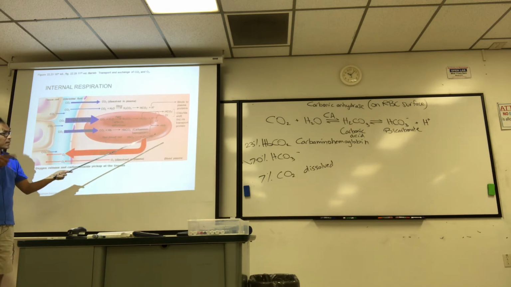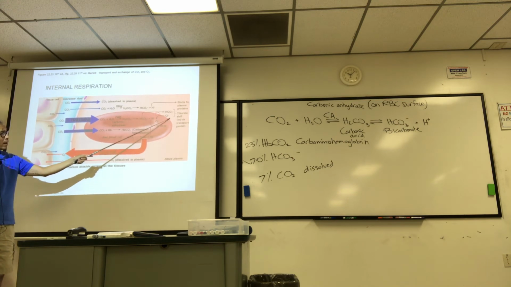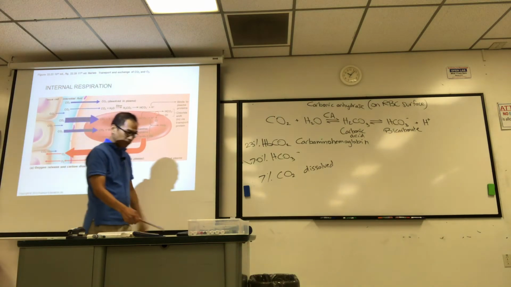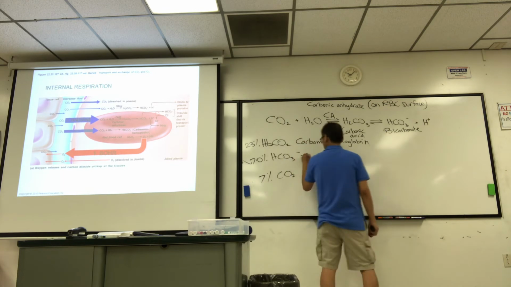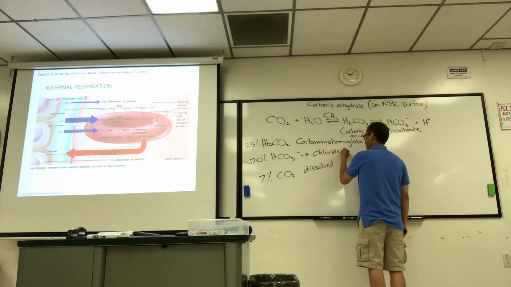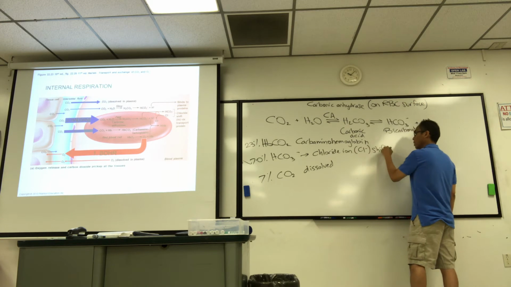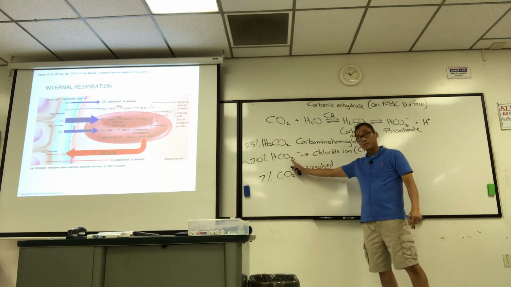So you've got to make a switcheroo. You've got to trade negative for negative. That's why they call it the chloride ion shift. Switch places. That actually gets the bicarb to the plasma.